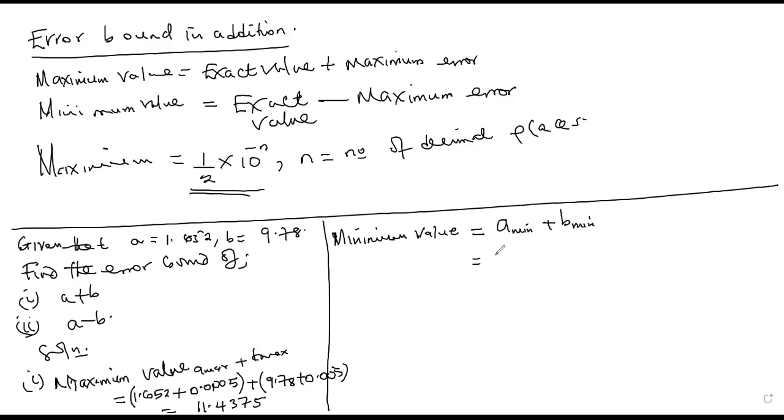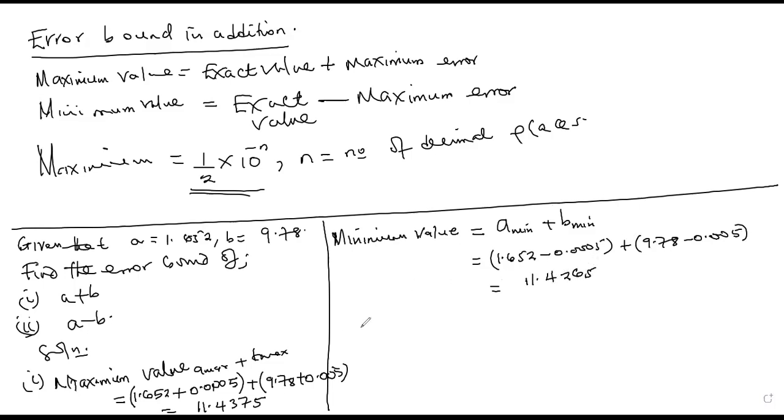So the minimum value of A is obtained by getting the exact value, 1.652, minus the maximum error, 0.0005. Then plus B, 9.78 minus 0.005. So with the minimum value, you subtract the maximum error. When you work on that, you're going to find yourself having 11.4265.